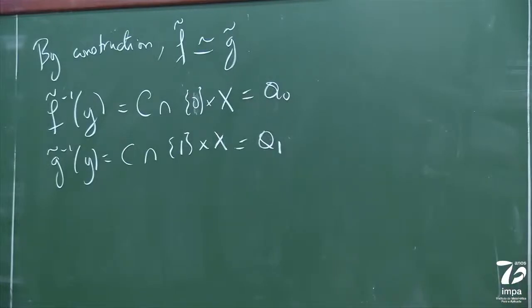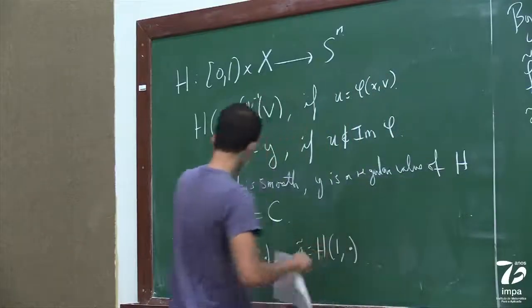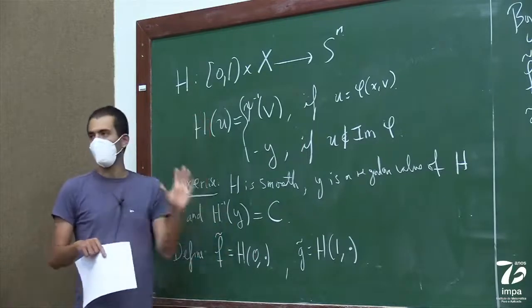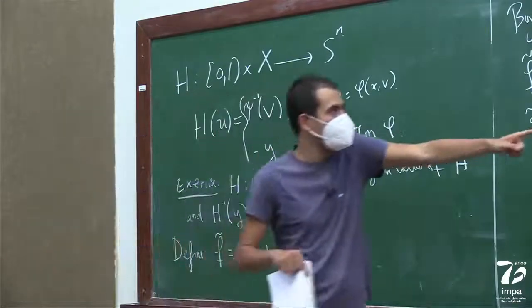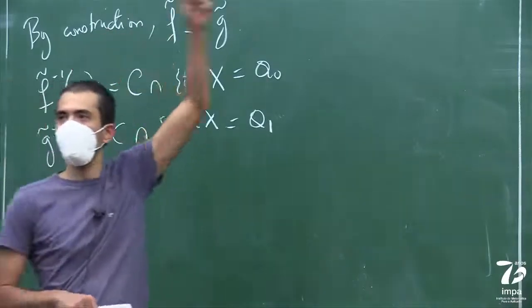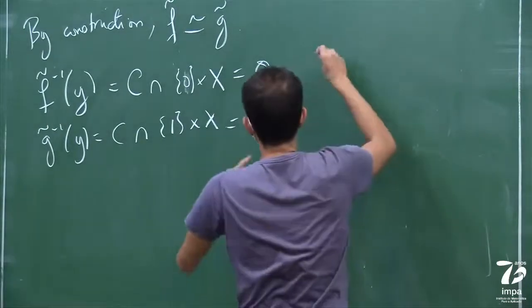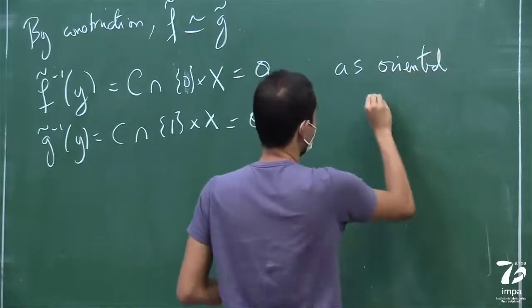And you have to be a little careful, but actually these come with the right signs. Because X has the opposite orientation when you look at it as the 0 times X slice on the boundary, that changes the signs from the boundary of C, and you actually get Q0 with the orientation that it came from F. So this is true as oriented manifolds, or as oriented points.